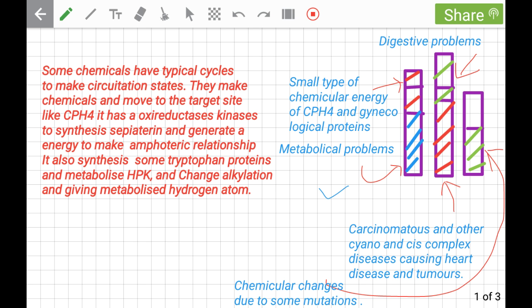So other diseases are chemical changes due to some mutations. Mutant chemicals cause many diseases in that phenomenal energy. The particles of alkyls and alkaline earth metals react in our body.